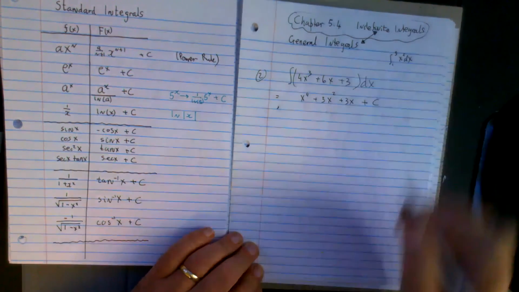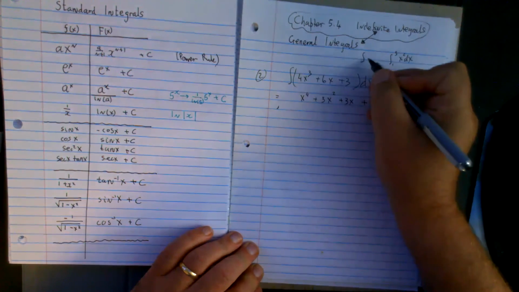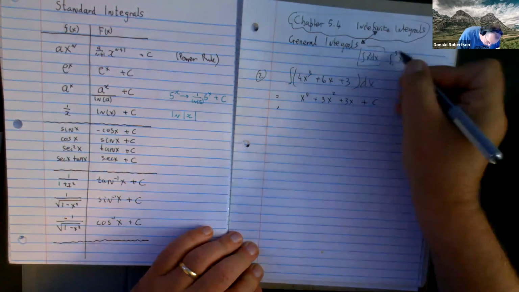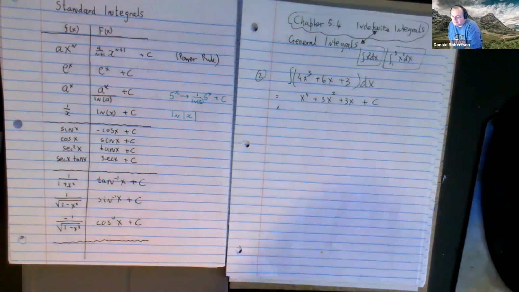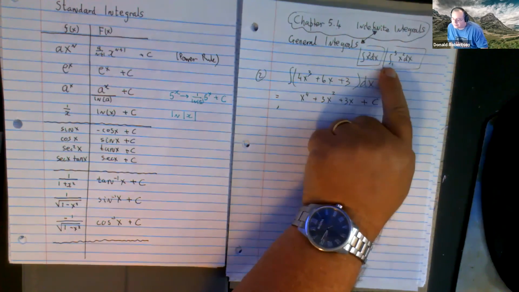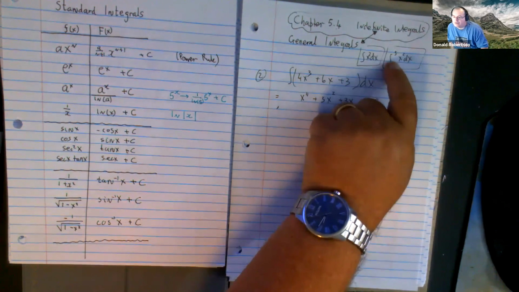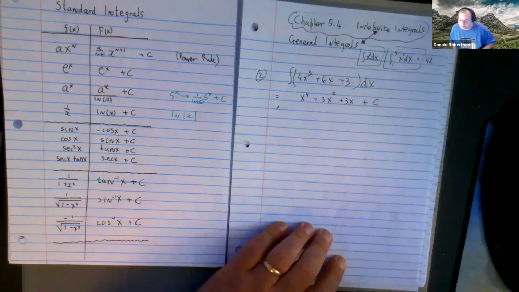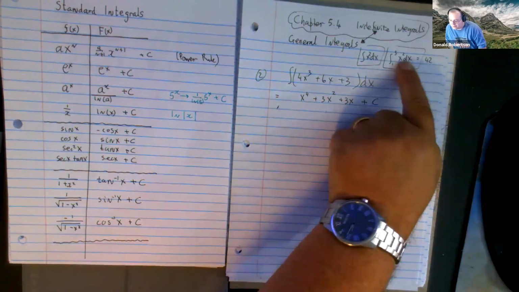That's a definite integral. That's an indefinite integral. Do you see the difference? In a definite integral, you have numbers, right? You have limits of integration, 1 to 3. And when you do a definite integral, isn't the answer a number? I know it's not 42, but it's my favorite number, right? It's 42.